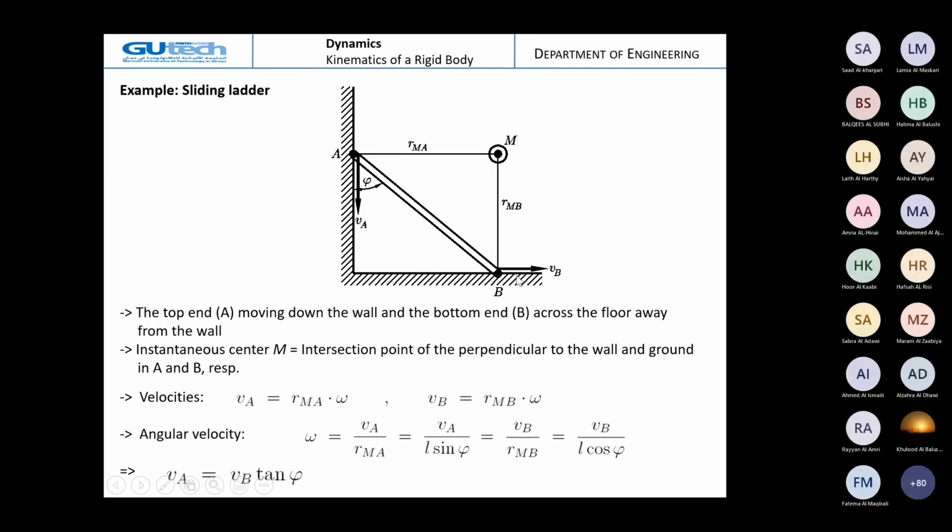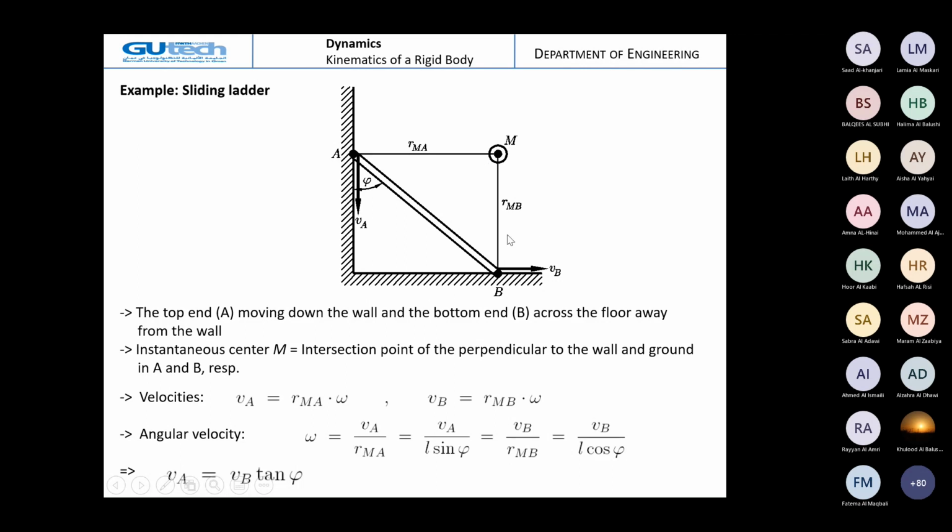Now we know the line direction of the velocity VA and the velocity VB. We only have to draw the perpendicular to both, okay? The intersection now gives the instantaneous center of rotation M. Getting M, we can measure RMA and RMB.